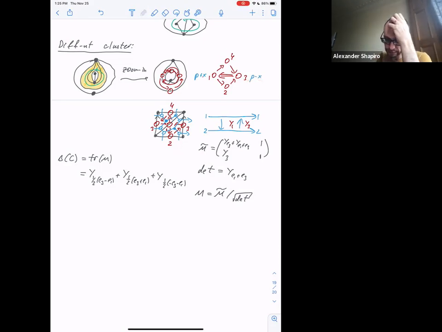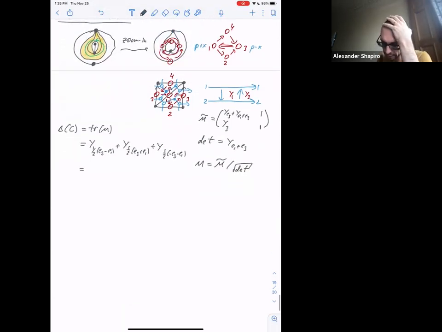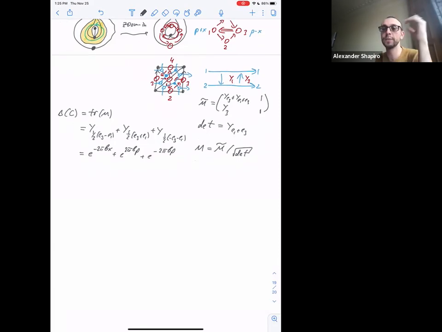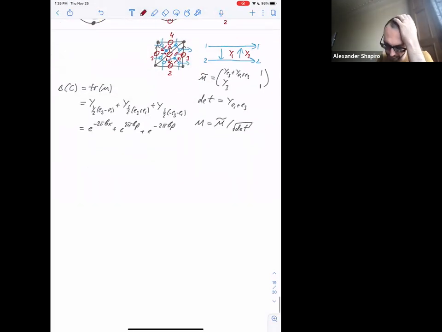And then when we calculate what operator this becomes, the first summand becomes e to the minus 2 pi bx, and then the other two are e to the 2 pi bp and e to the minus 2 pi bp. And we can recognize, first of all, it's a much simpler Q-difference operator, you just have 3 terms rather than 14. But what's better, it's a well-known operator.